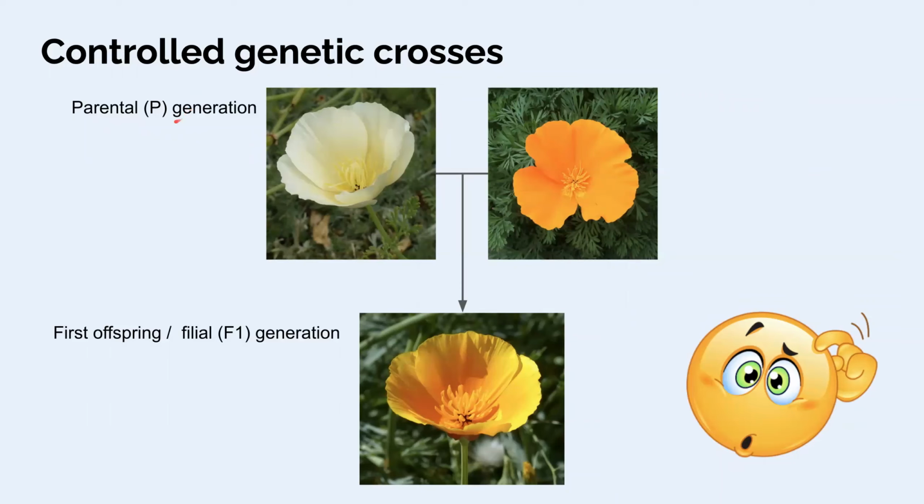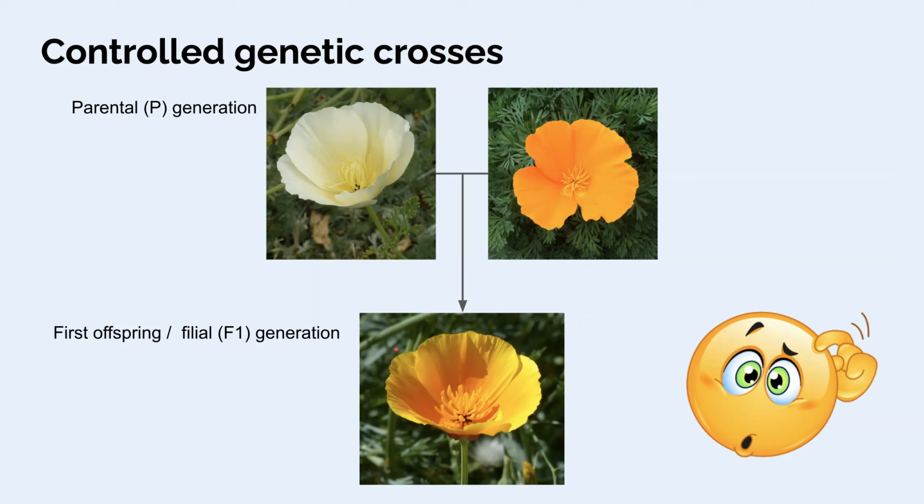The first generation crossing these two genetically distinct kinds of plants, that's the P or parental generation. And their offspring is the F1, the first offspring generation. And the F there is filial. You don't really have to know that, but that's the origin. Comes from Latin basically for son or daughter. So the F1 generation is the first generation after crossing these together.